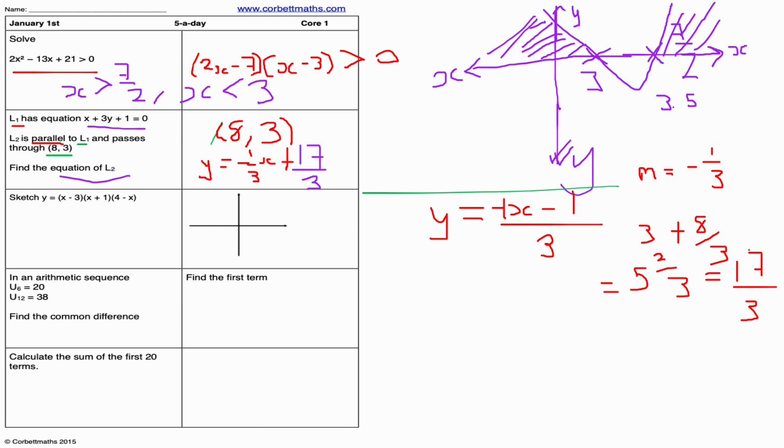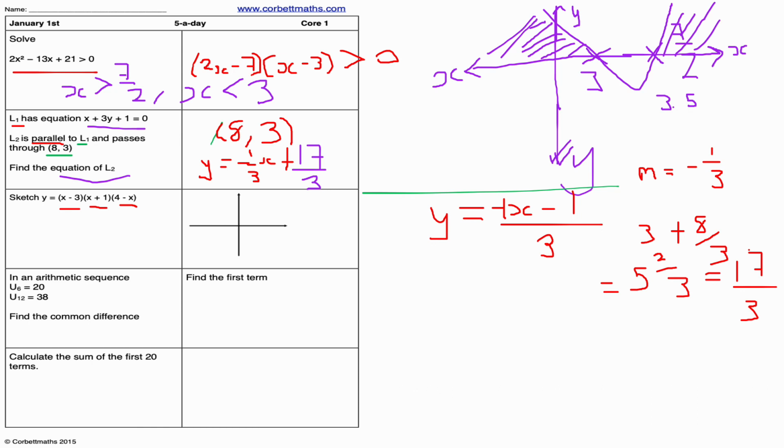Okay, right, next question. Sketch this graph. This is actually a cubic graph because it's got 3 different solutions. If I expand this, I will get a cubic in the form y = -ax³ plus or minus bx² plus or minus cx + d.